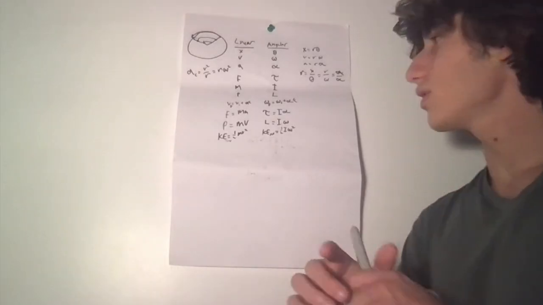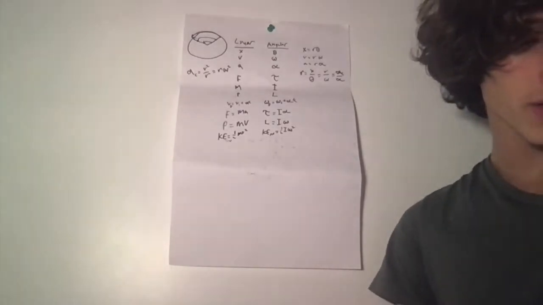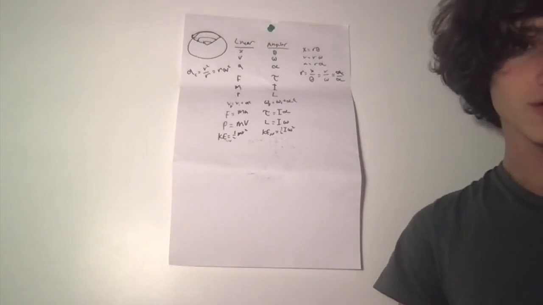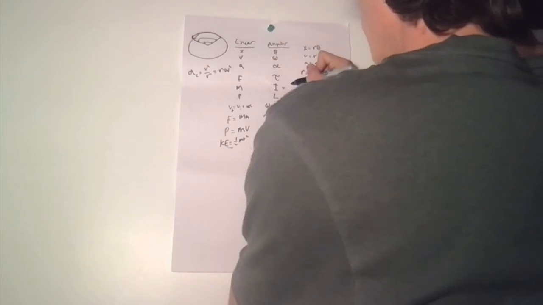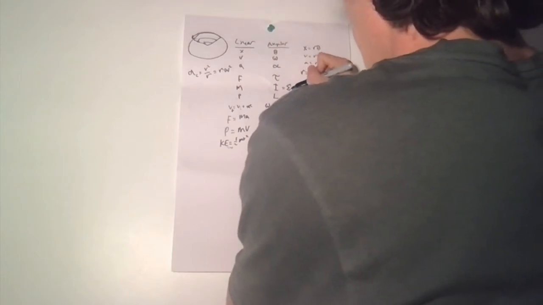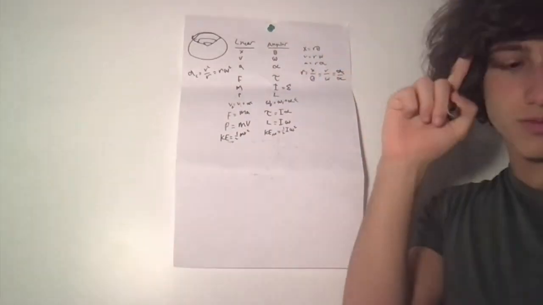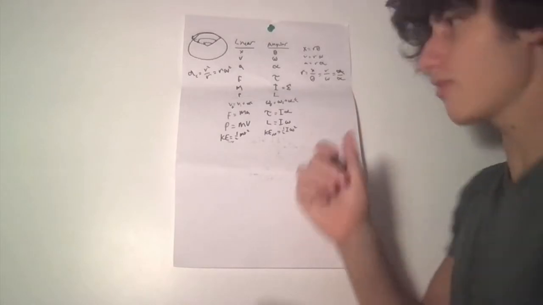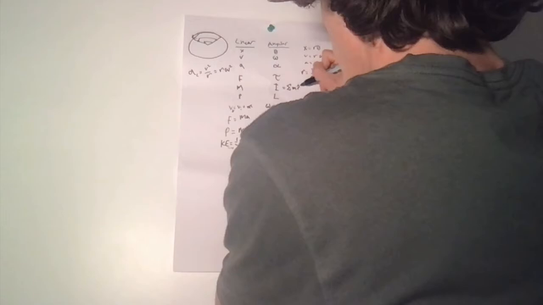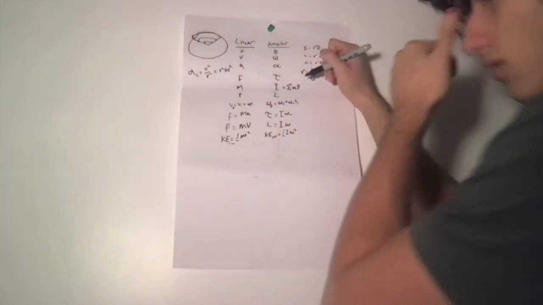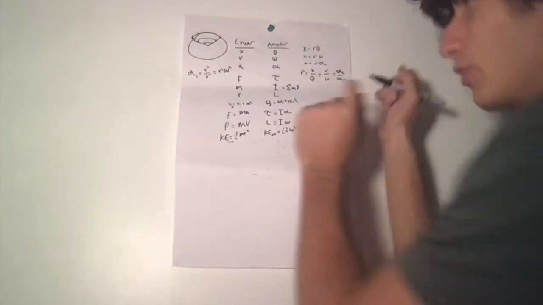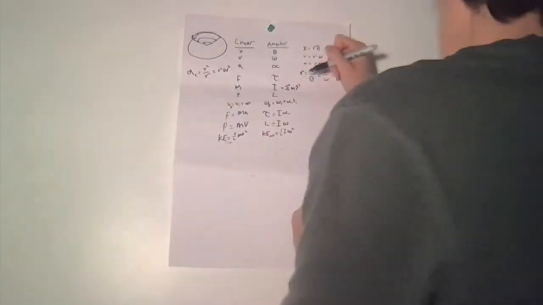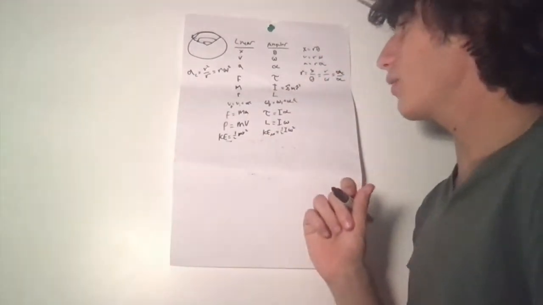And now we can figure out what inertia is, because inertia should just be the sum of mass times its position r, but we would have to square it. So that's our inertia.